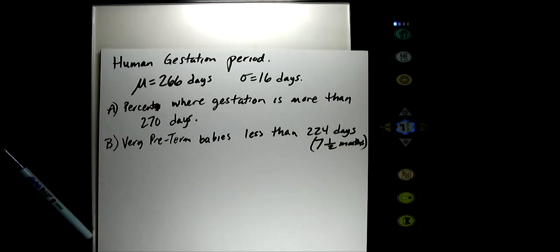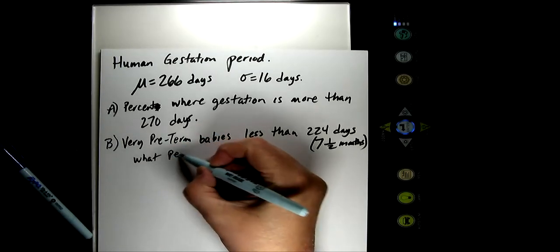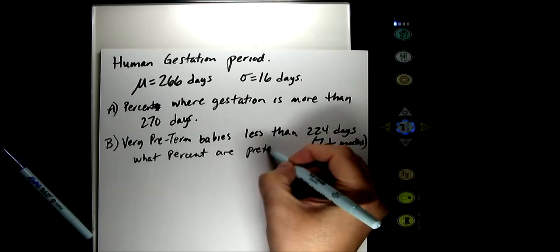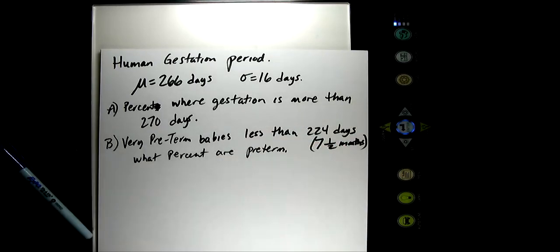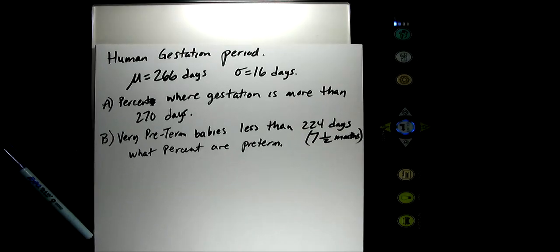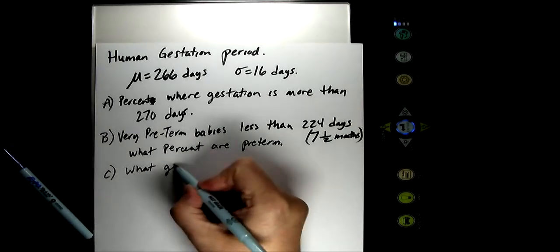So we want to see what percent are preterm. What gestation period captures the inner 90%?